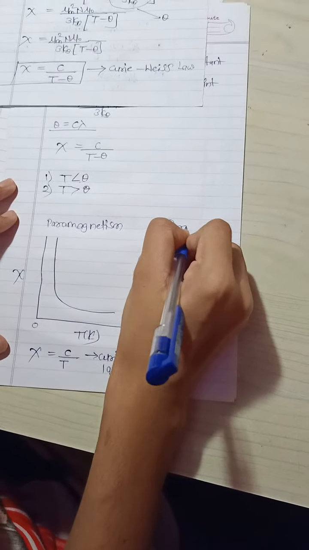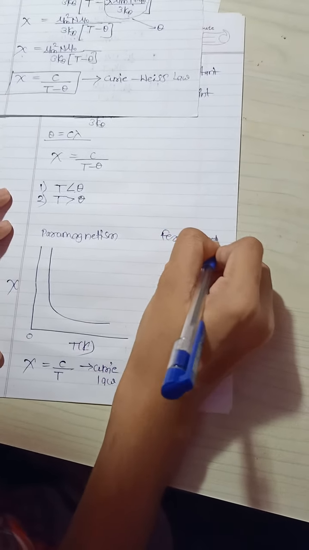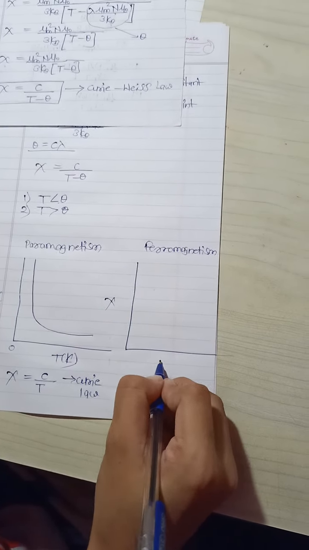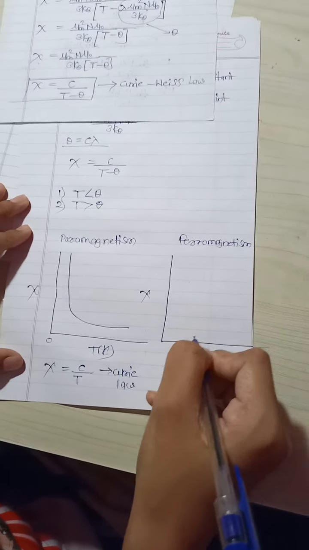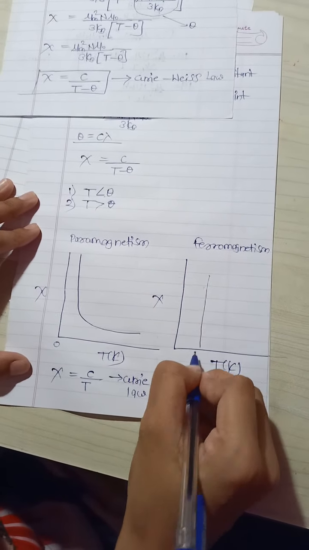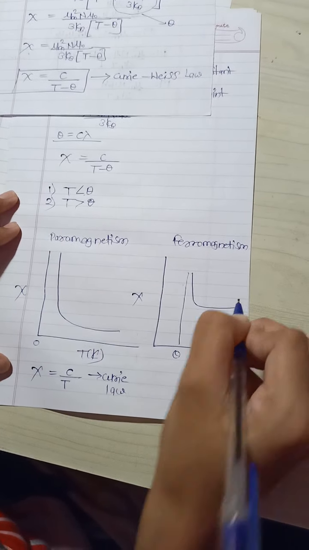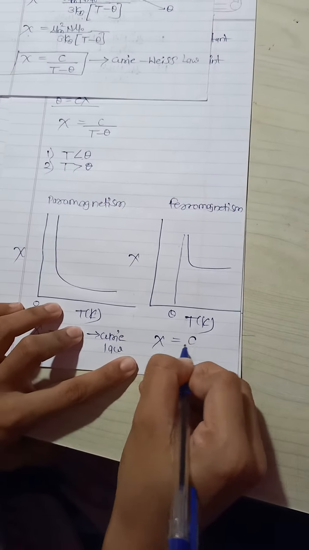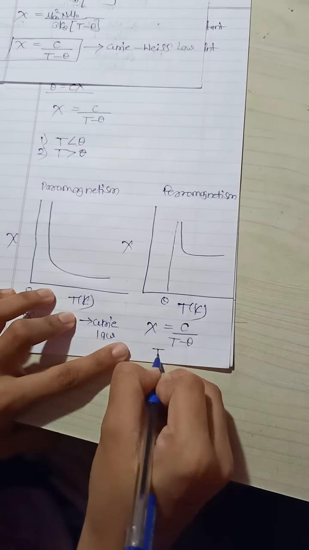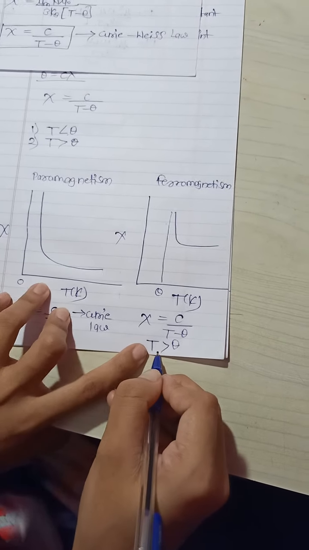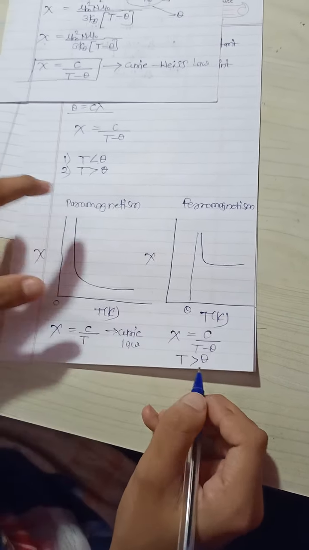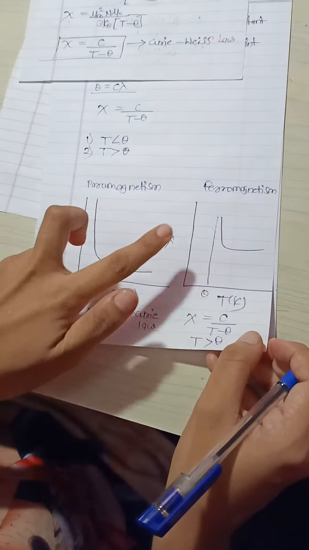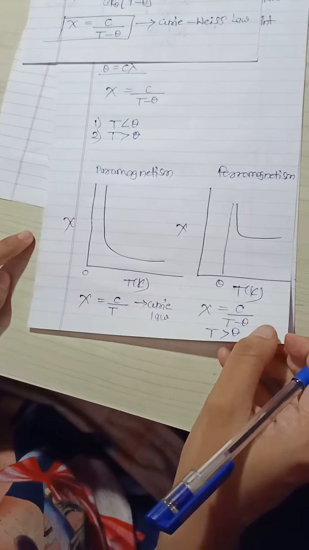And for ferromagnetism we get the curve for susceptibility psi versus temperature T, where somewhere here is theta, and this is the curve for ferromagnetism, and the formula is psi equals C upon T minus theta. Here T is greater than theta. Then ferromagnetic materials behave like paramagnetic materials. This is the relationship between paramagnetism and ferromagnetism.